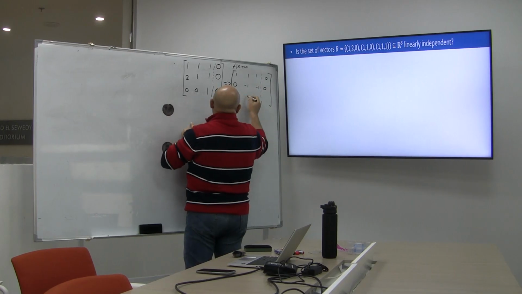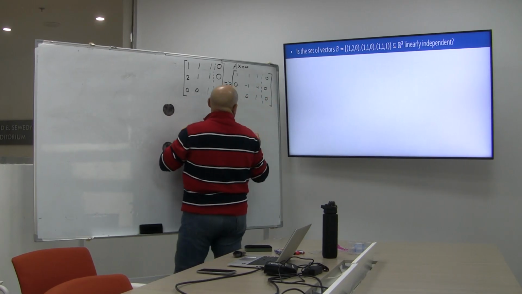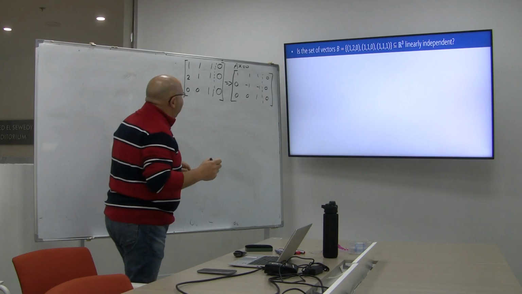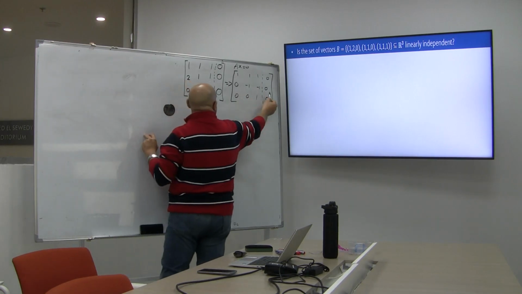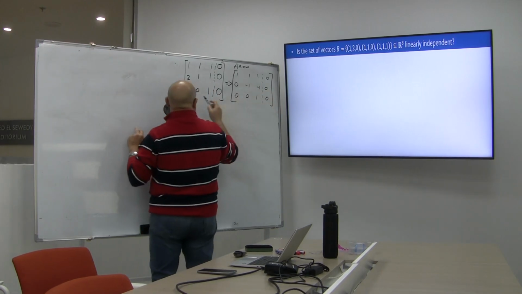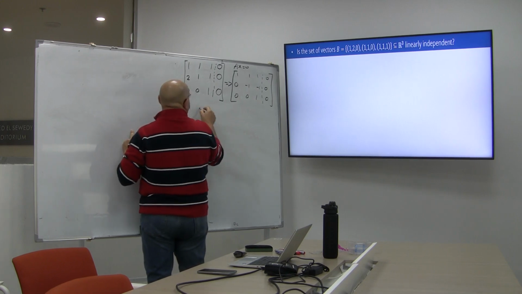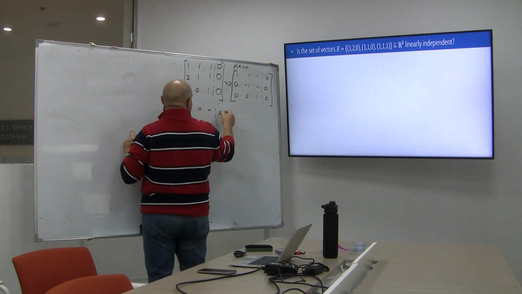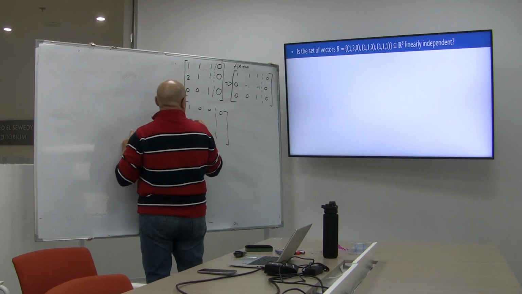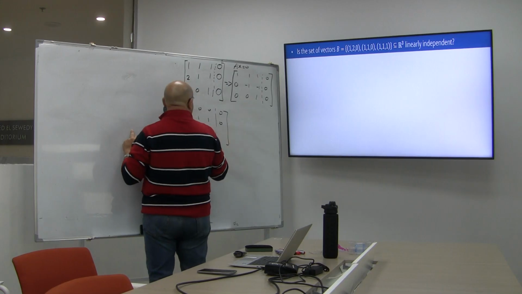The last row is 0, 0, 1 and 0. Simply I can add the second row once more to the first row. If you did this, I will have 1, double zeros and 0. Multiply the second row by negative 1, so it's going to be 0, 1, 1 and 0. The last row is already 0, 0, 1 and 0.